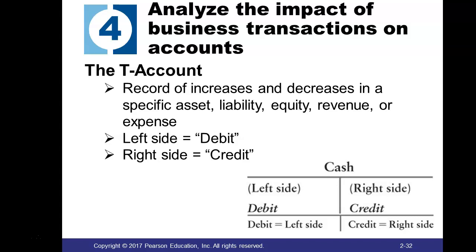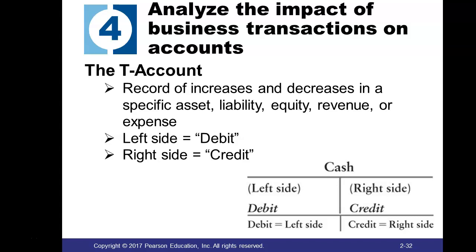Okay, now with that in mind, accounts that are assets will always have a normal debit balance. So you will normally see them on the debit side, on the left side of a T account.